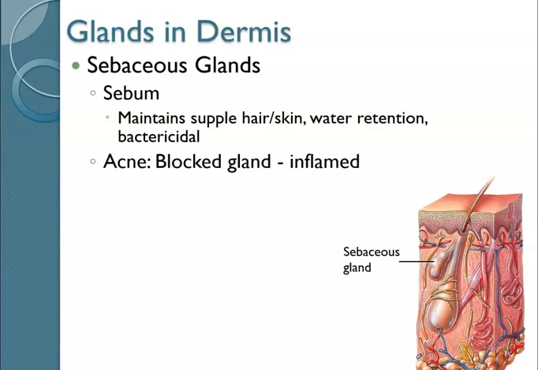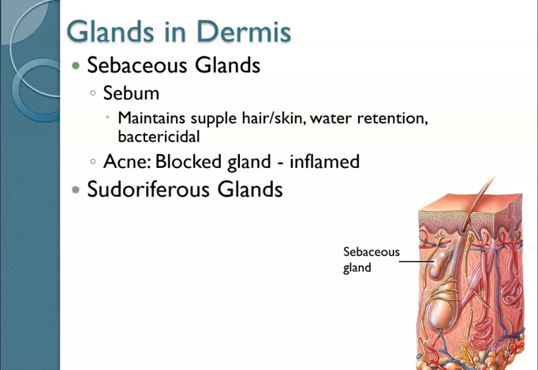So it makes our skin supple, also helps us to prevent water loss, and it's bactericidal, so it can kill off bacteria. When we suffer with blocked glands, that's when we can develop acne because of inflammation of these glands.